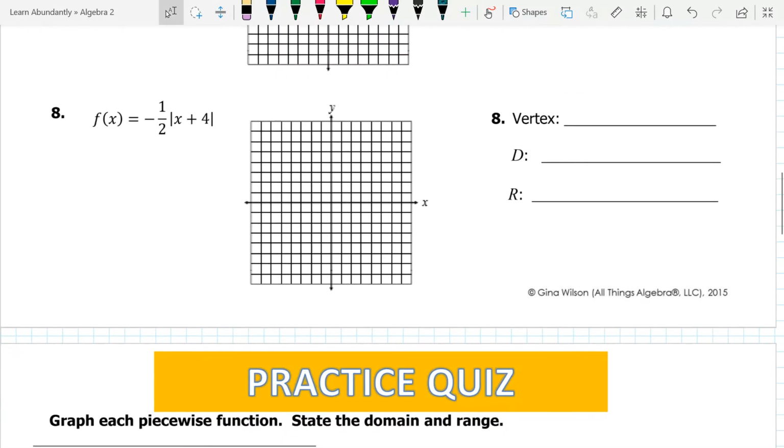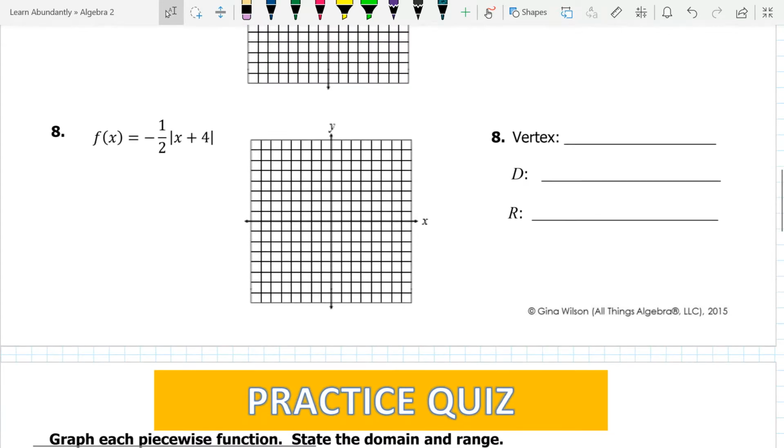Number 8, I have a vertex at -4, 0. But then we also have it compressed. So when I go ahead and multiply that, I'm going to go ahead and put my -4, 0.